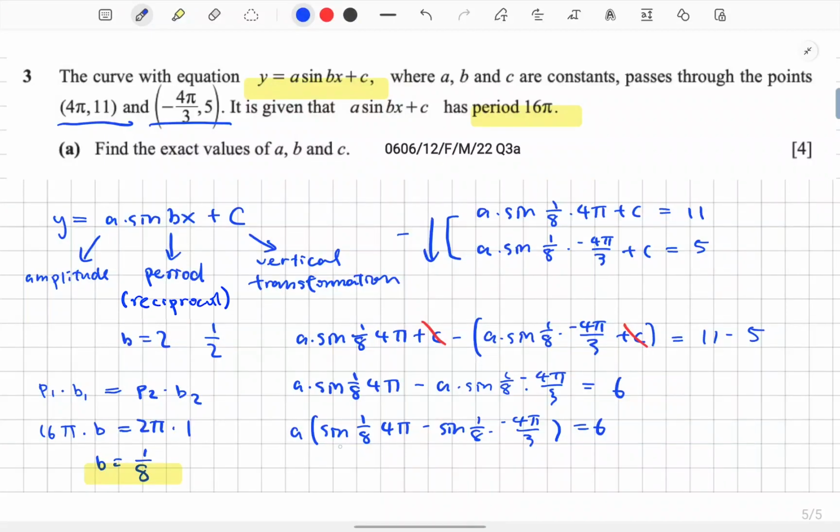And using our calculator, the output of these two ratios is 3/2. 6 divided by 3/2, a is 4.